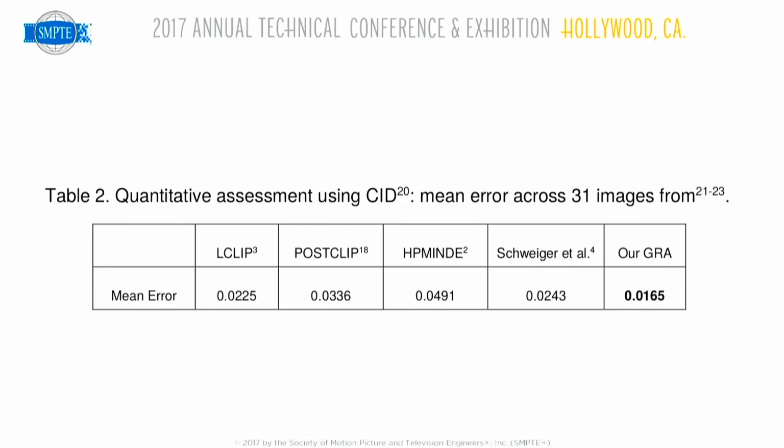So for gamut reduction, there's a metric which is widely used. It's called the CAD metric. You can see it as an extension of the SSIM metric to color. And our result provides a substantially lower CAD error than the other state-of-the-art methods.